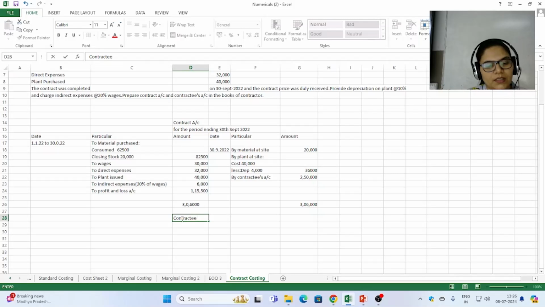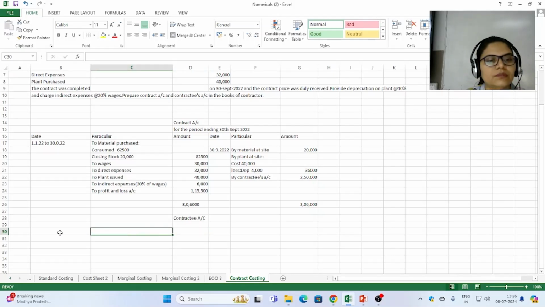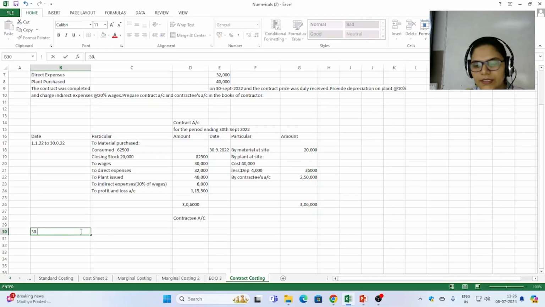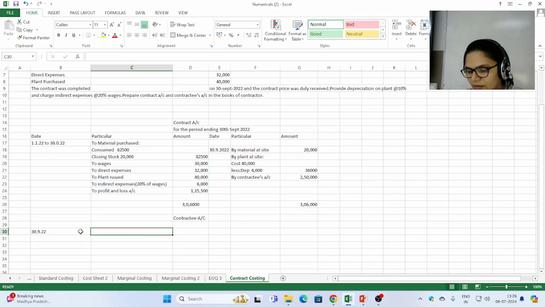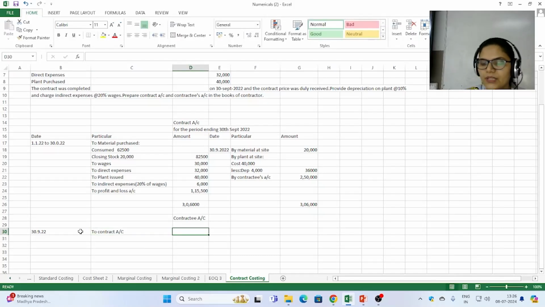Contractee account: a person who is carrying out the completion of the contract is a contractor, and the person who has given the contract is known as contractee. Now, 30.9.22, this was your account. To contract account, we have 2,50,000.